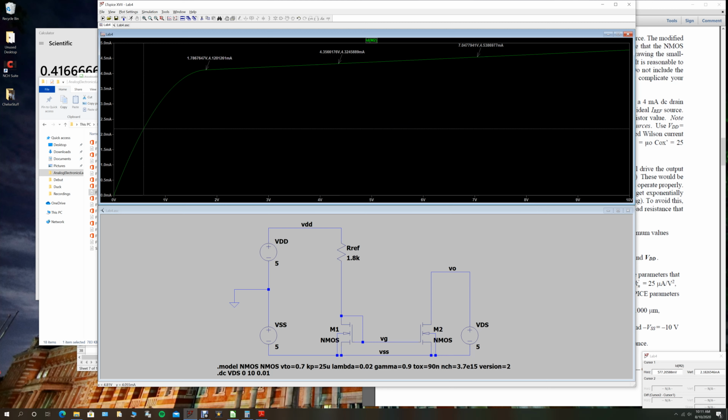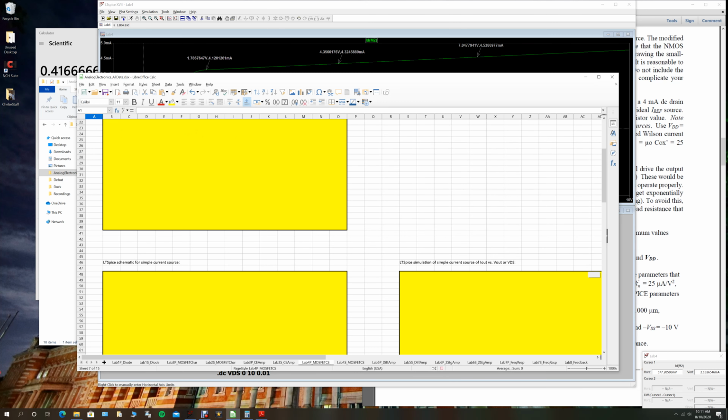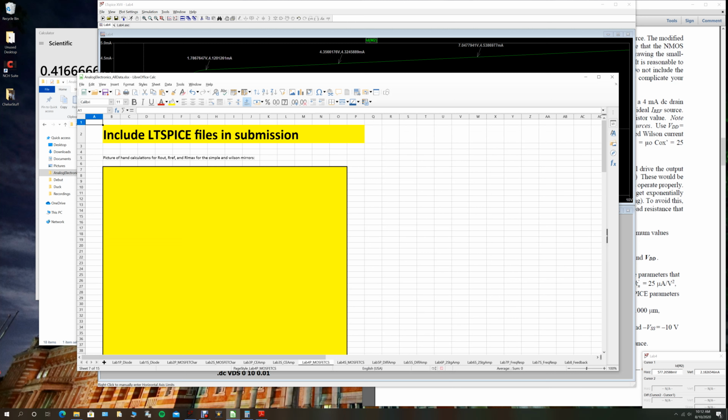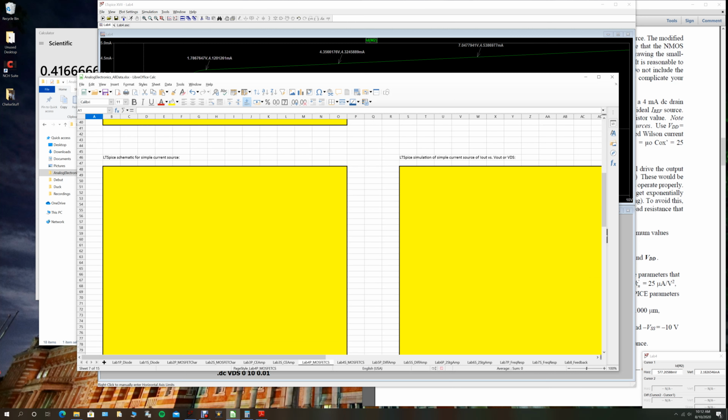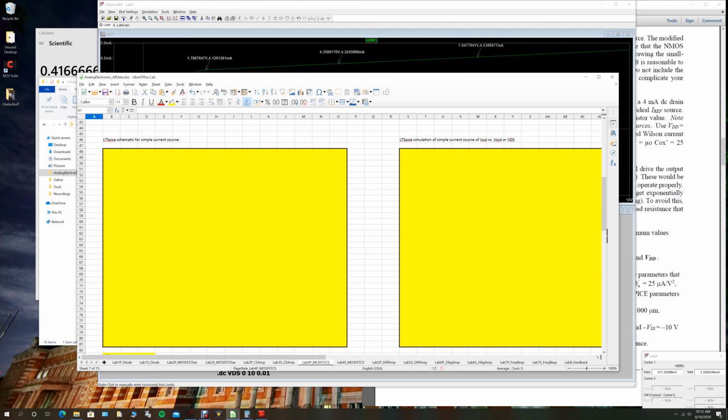So as the voltage changed about 3 volts or so, the output current didn't change a whole lot. It looks like 200 microamps. And so you can use those 2 data points to figure out the slope, and the slope will give you the output resistance.